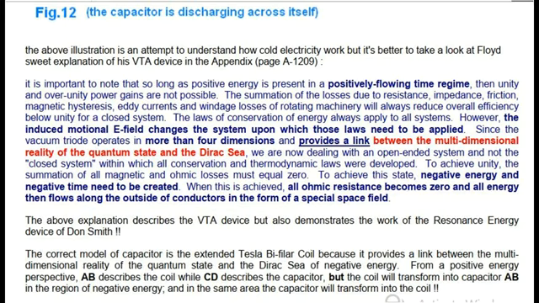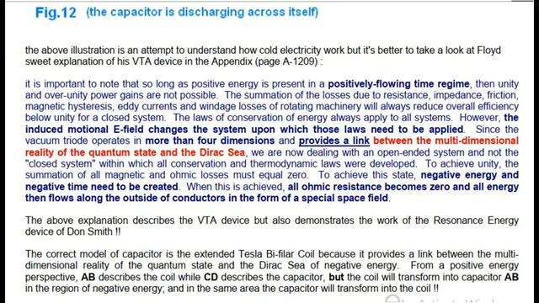Since the vacuum triode operates in more than 4 dimensions and provides a link between the multidimensional reality of the quantum state and the Dirac sea, we are now dealing with an open-ended system and not the closed system within which all conservation and thermodynamic laws were developed. To achieve unity, the summation of all magnetic and ohmic losses must equal 0.